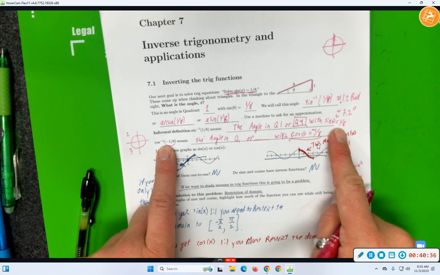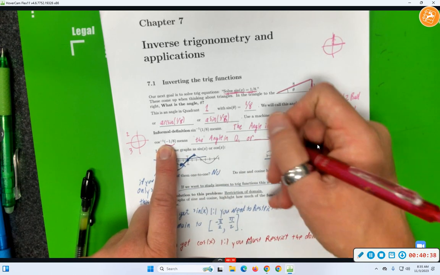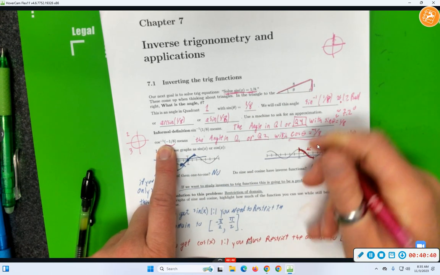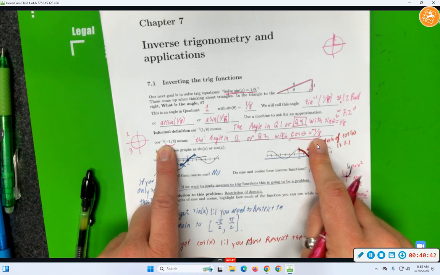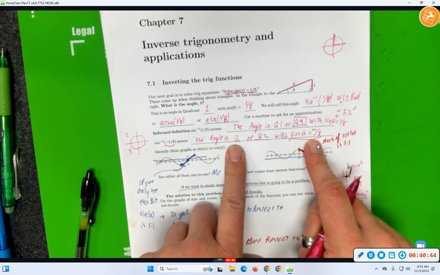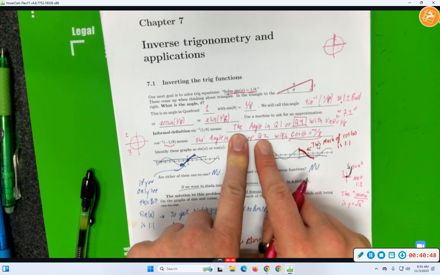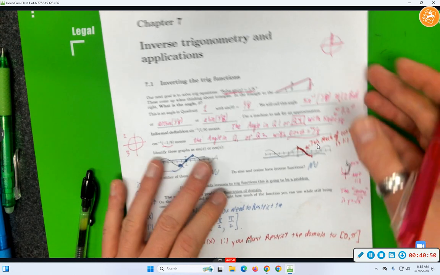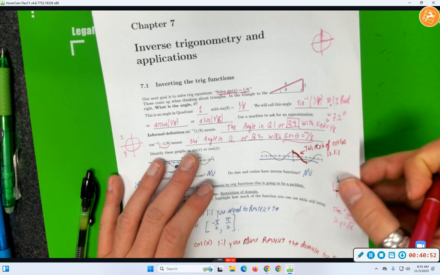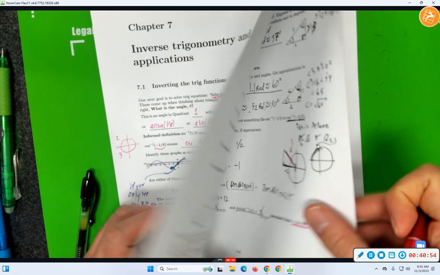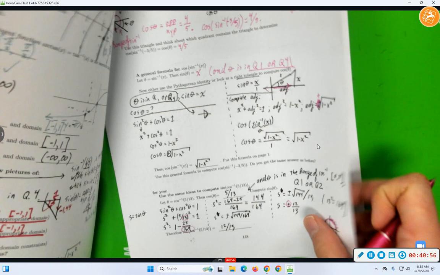Cosine inverse of negative 1 over 8 means the angle in quadrant 1 or quadrant 2 with cosine equal to negative 1 over 8. Since this is negative, it can't be in quadrant 1, where cosine is positive. This angle is in quadrant 2. Groovy. So, with that pointed out, let's close with the thing that I want to close with.